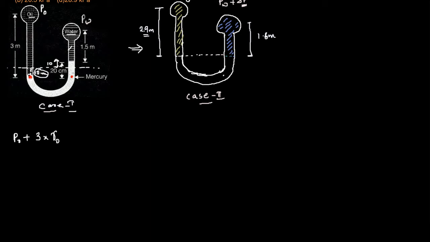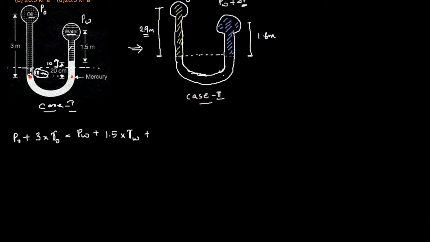For the corresponding point in the right limb, we can write it as PW, the pressure exerted by water, plus the water level 1.5 into specific gravity of water, plus the level of mercury till the level we are comparing.